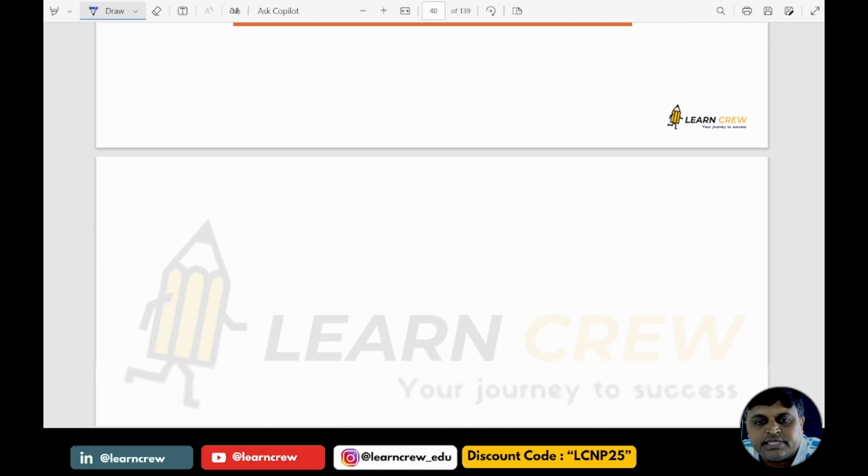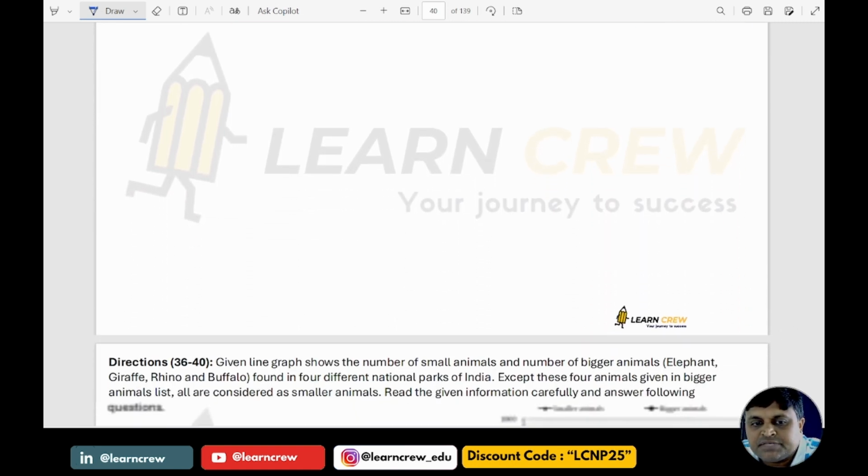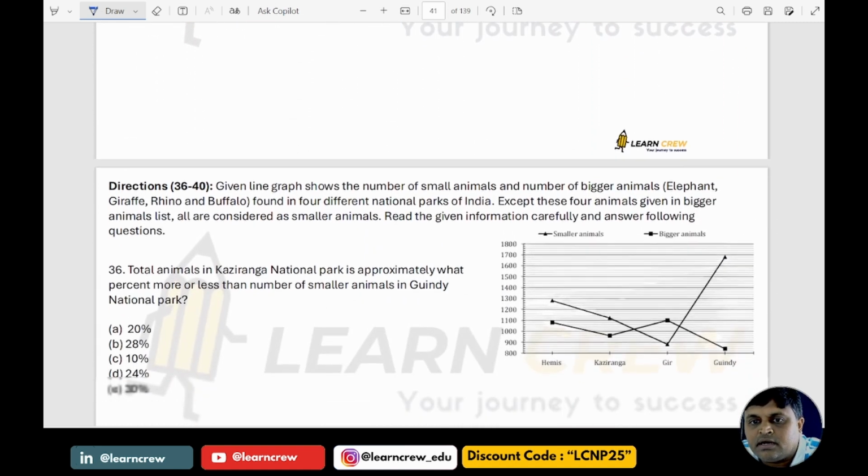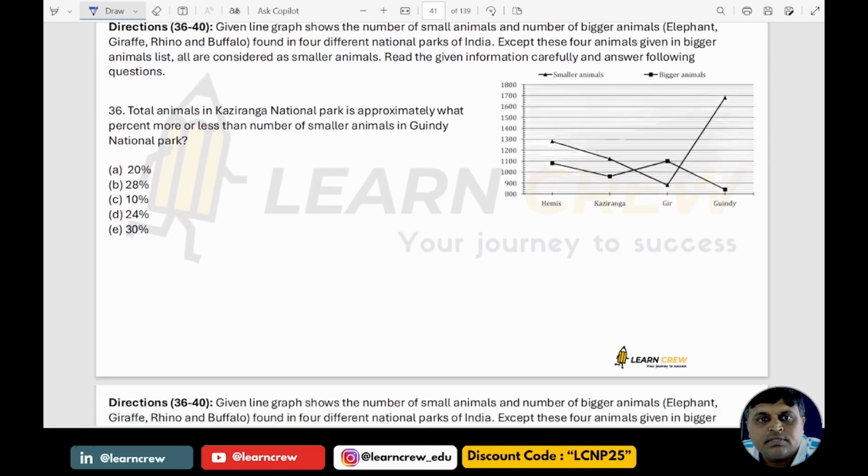Paper discussion: questions 36 to 70 are your QA questions. The line graph shows the number of small animals and the number of big animals, elephant, giraffe, rhino and buffalo, found in 4 different national parks of India: Hemis, Kaziranga, Gir and the other park.